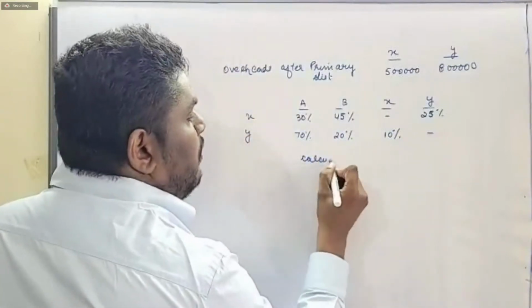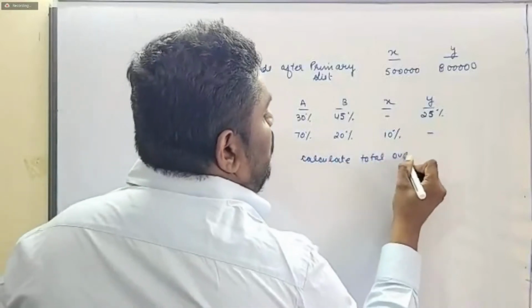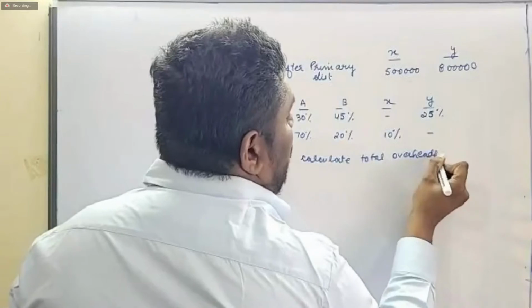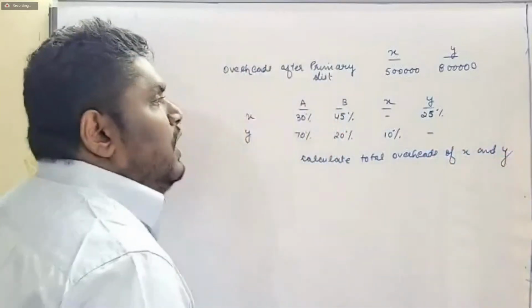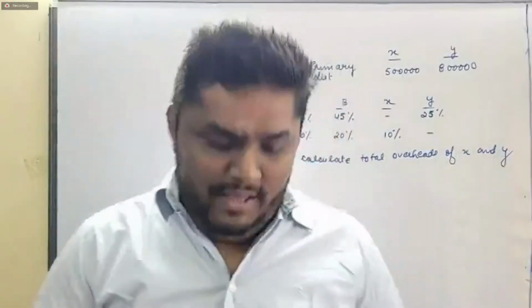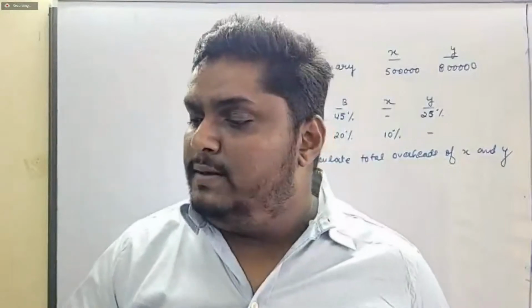Calculate total overheads of X and Y. A question for you guys. I have given that the total overheads after primary distribution.